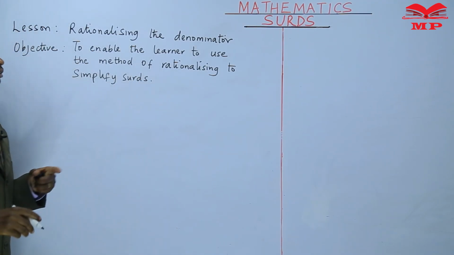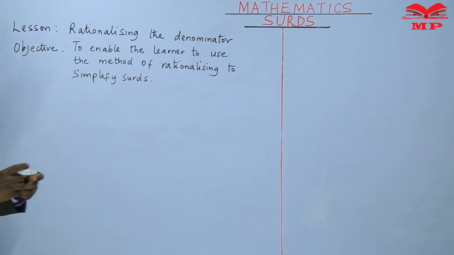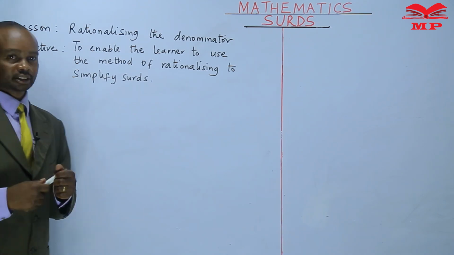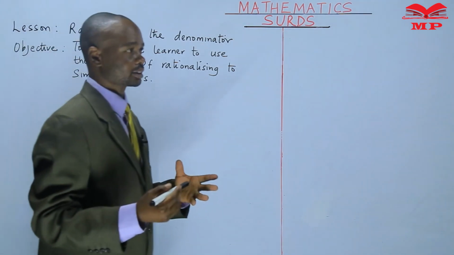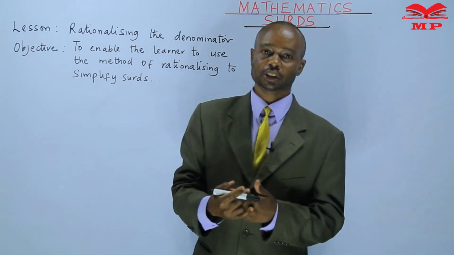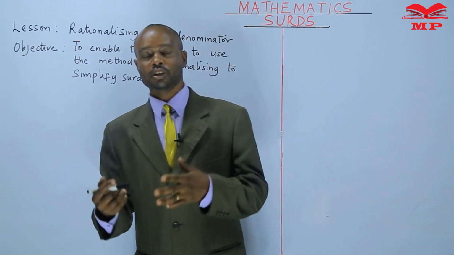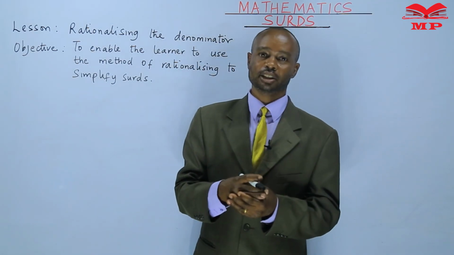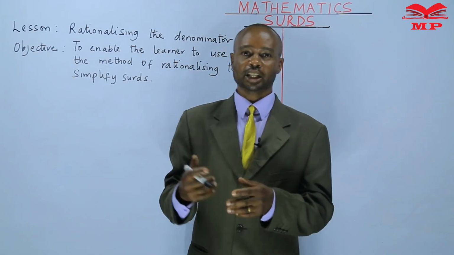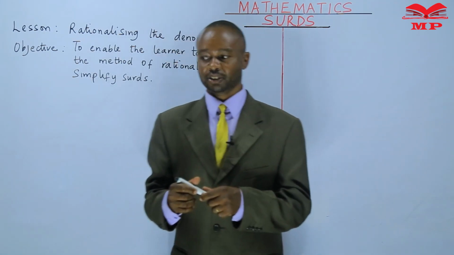Somebody would ask, what is rationalizing? Rationalizing is expressing a fraction having a surd in the denominator such that there is no surd in the denominator.